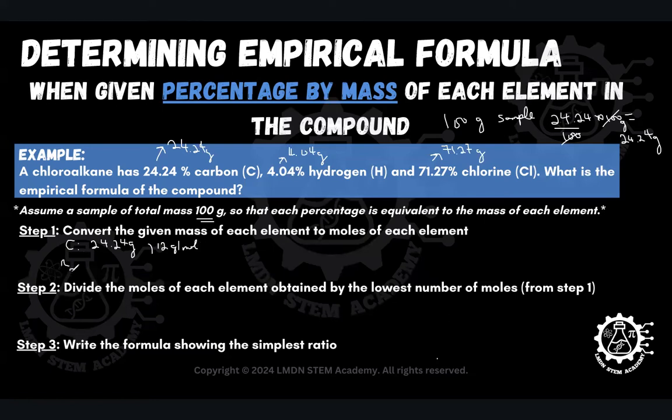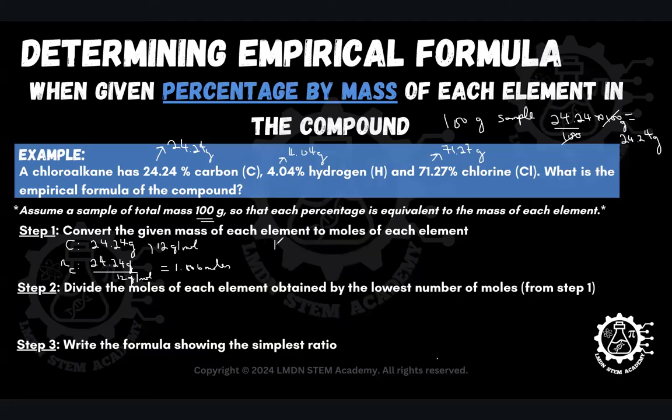The number of moles of carbon, NC, is equal to 24.24 grams divided by 12 grams per mole. The grams cancel, we bring the mole up top, and we end up with 1.006 moles of carbon from that step.